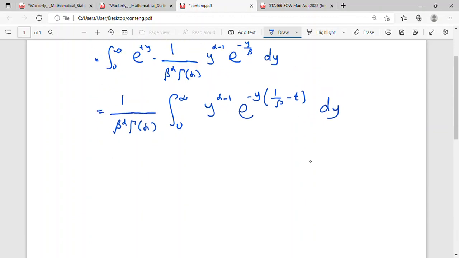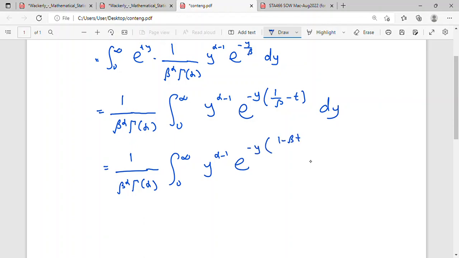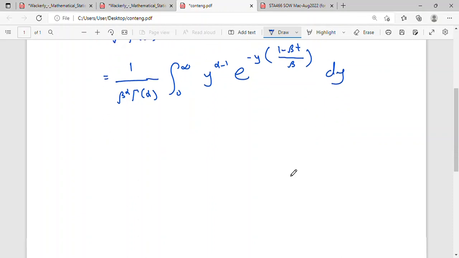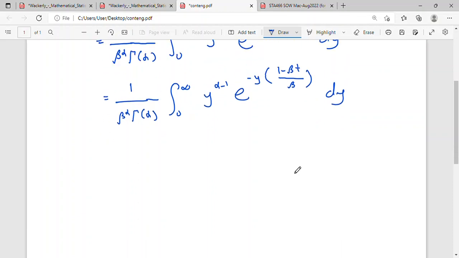Okay, saya buat satu step lagi, which is I want to multiply ni, nak samakan penyebut untuk index of exponent. So it will be 1 minus beta t divided dengan beta. Okay, alright, so from here kita comparekan dengan tadi gamma function tadi.